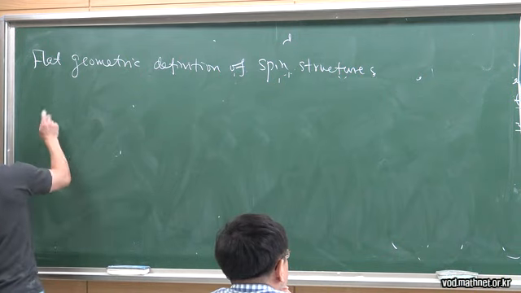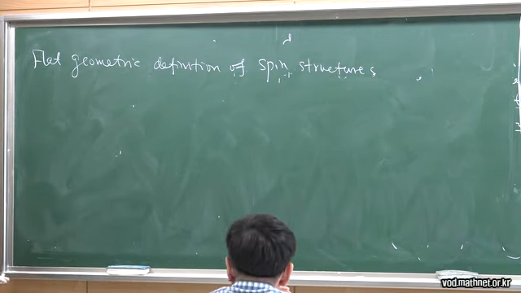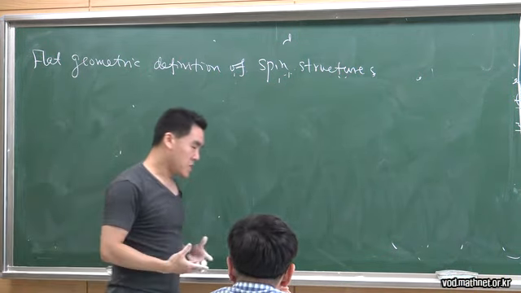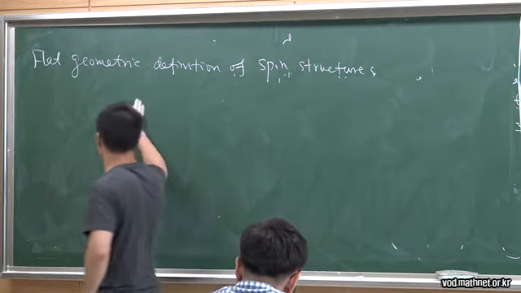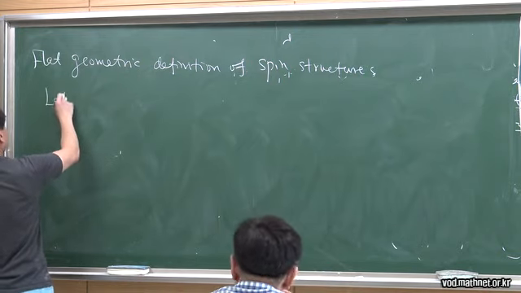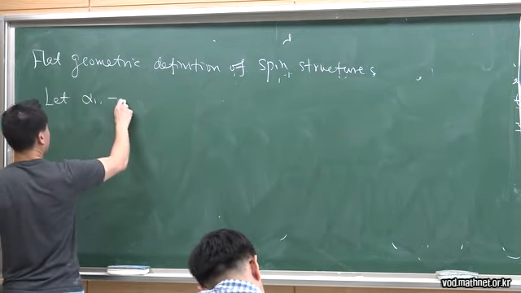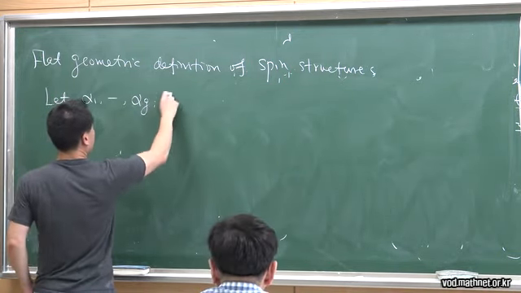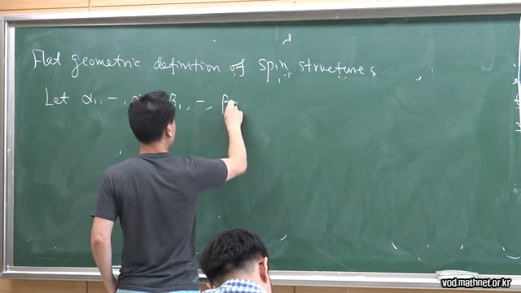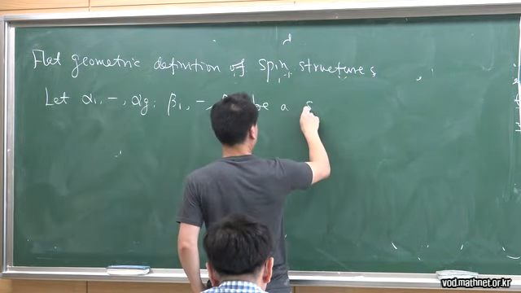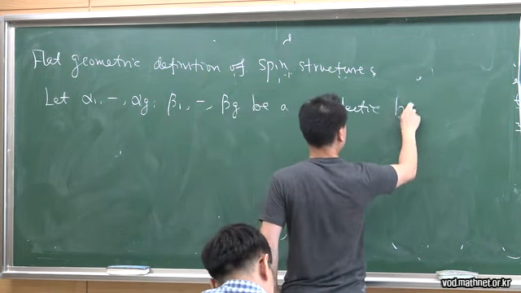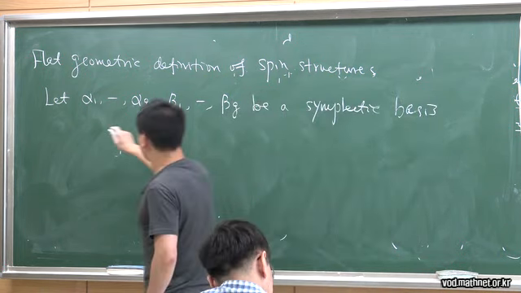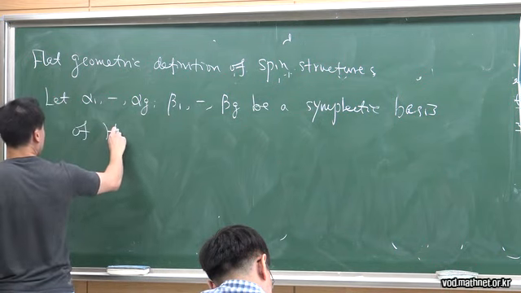So what can I do? I take X, which is a genus g Riemann surface, right? Again, I take a basis. Now I take a symplectic basis of the absolute homology. Let's say alpha 1 up to alpha g and beta 1 up to beta g being a standard symplectic basis of H1(X).